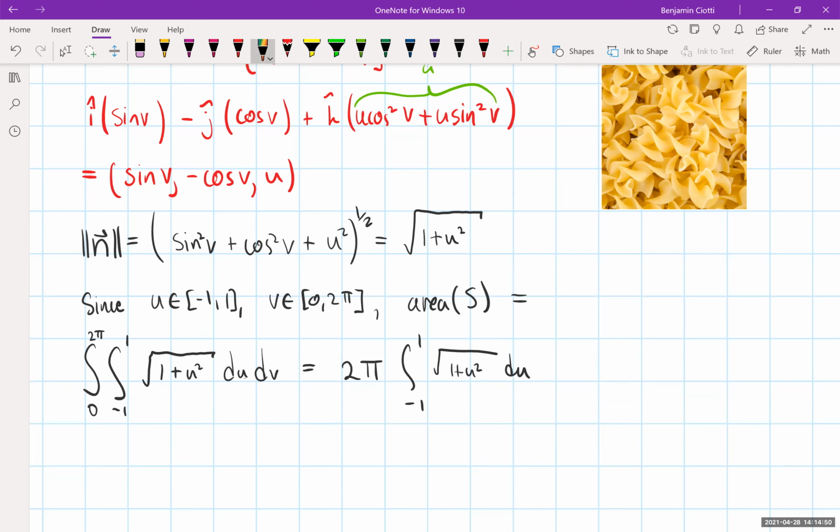Tell me if this is a true equation. Yes or no, folks? Is that a true equation?